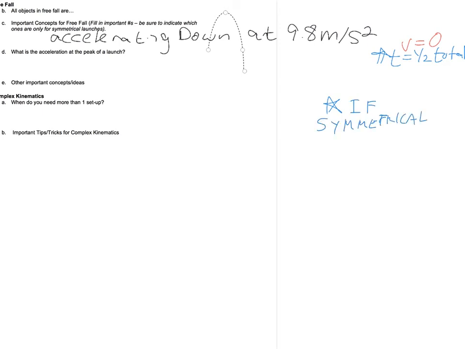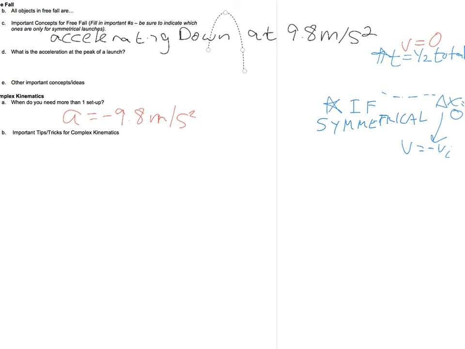Two other things we know: if it is symmetrical, we know that at this point here where it returns to its initial position, okay, the displacement is 0, and we also know at that point that our velocity is simply the negative of our initial velocity. Our next piece here, what is our acceleration at the peak? Keep in mind that acceleration at the peak is still 9.8 meters per second squared, and we say negative to indicate that it's going down.